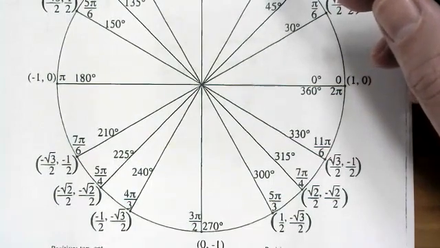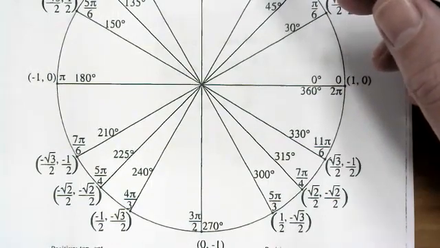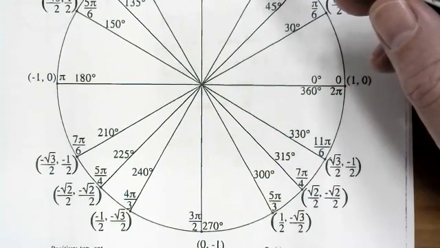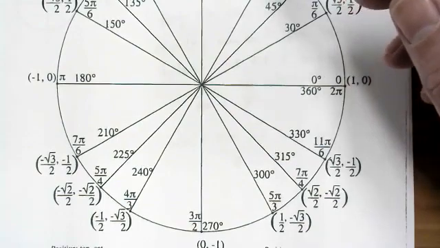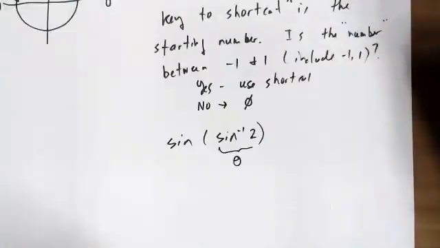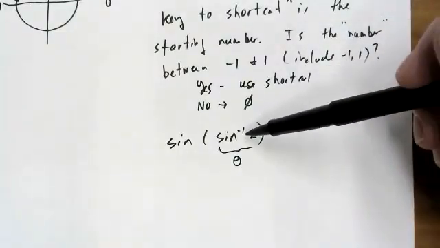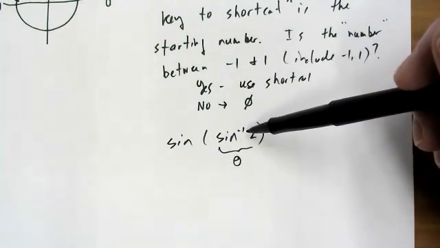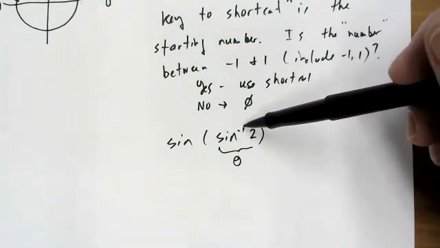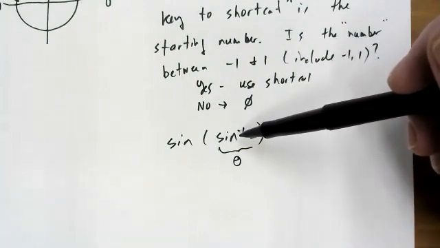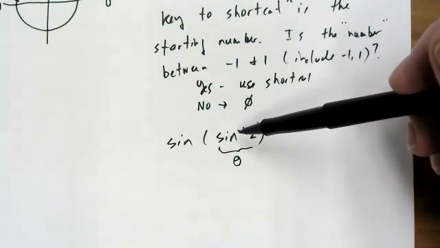If you take the sine of an angle, it's never going to be larger than 1, never going to be smaller than -1. When you take the sine of an angle, it's always going to be between -1 and 1. So with that in mind, I'm looking at the inverse sine of 2. I need to find an angle where the sine of that angle equals 2.